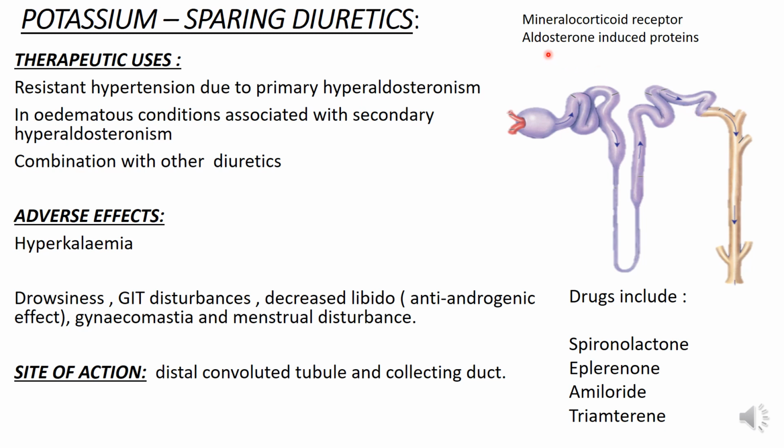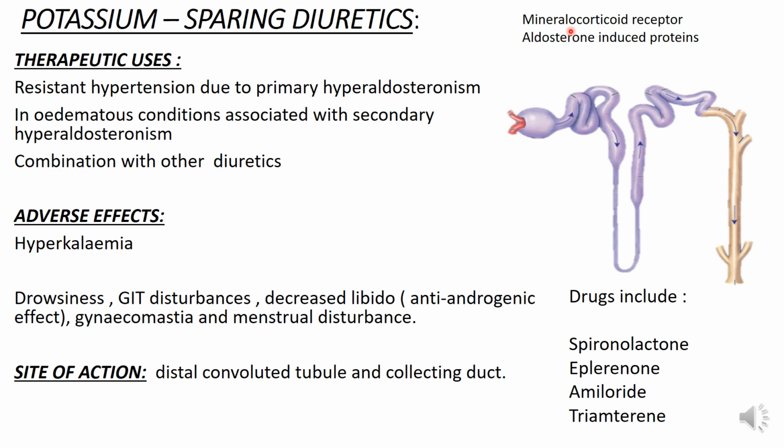The aldosterone hormone binds with the mineralocorticoid receptor, and that receptor is present in the cytoplasm of the tubular cell. Once the aldosterone binds with the mineralocorticoid receptor, it forms a hormone receptor complex. You can also call it a mineralocorticoid receptor aldosterone complex, right?